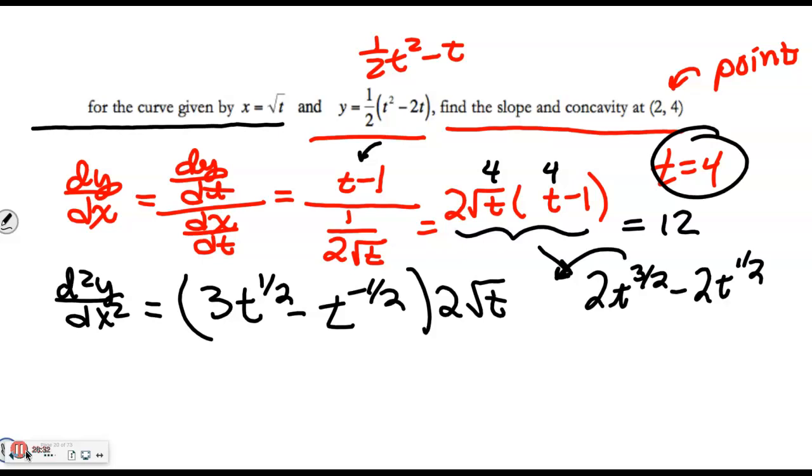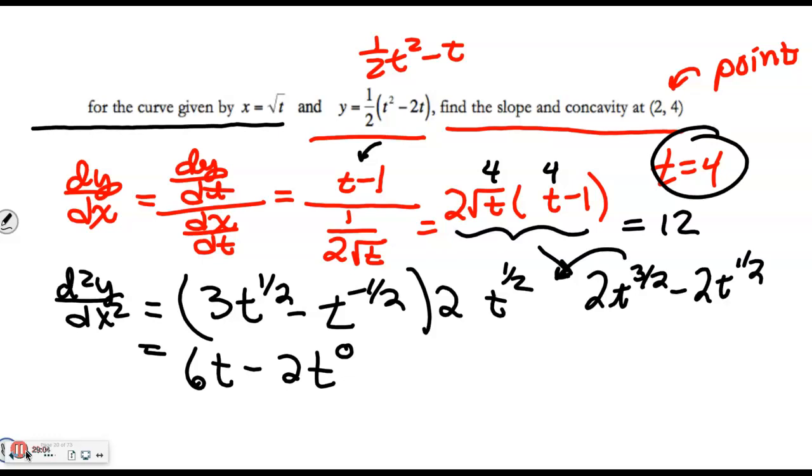Then I would write it with an exponent, because I know I'm going to have to plug 4 in there. I would multiply it in and get 6t to the 1/2 plus 1/2. Plugging a 4 into there is 24. That's glorious. Minus a 2t to the -1/2 plus 1/2 is 0. Now it's really nice.